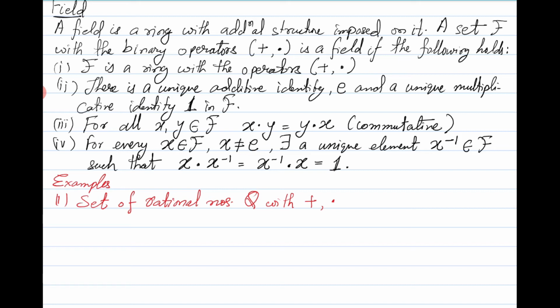Additionally, you have the unique identity element 1 for the product operation and the unique identity element 0 for the addition operation. Also, barring 0, the remaining rational numbers have a unique inverse, so that the product of the rational number with its inverse always results in the multiplicative identity element, which is 1. Okay, the set of rational numbers is a field.